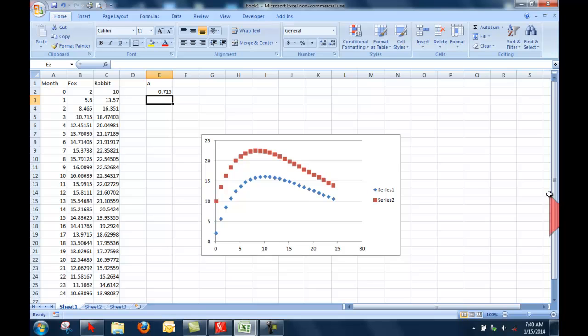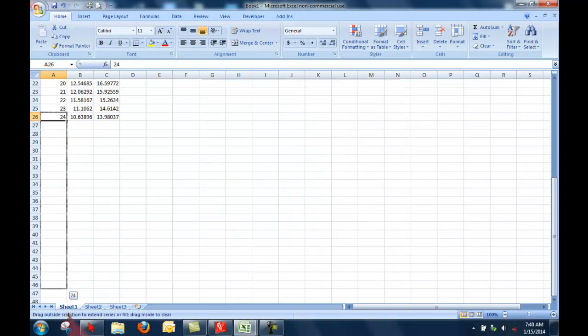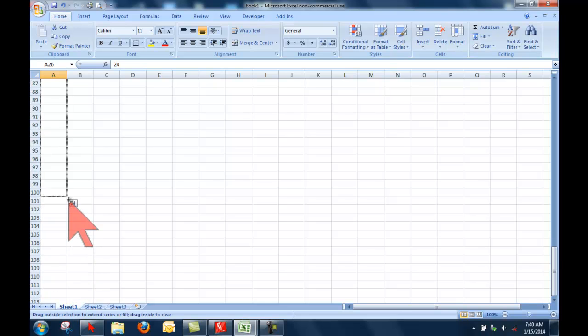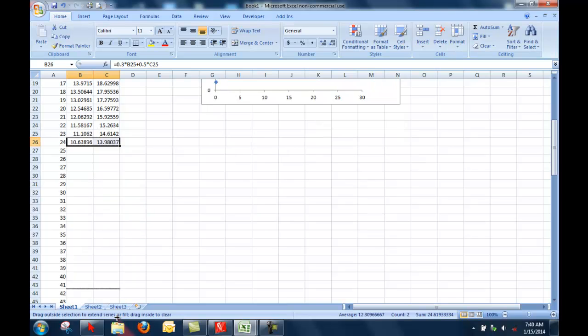A little foolish on the part of the foxes to sort of eat their seed. So let's actually continue this. It's not clear to me yet whether this is going to go down forever and go extinct or whether it might recover. So let's actually continue this for some more time, to 100 months or so, and we'll keep dragging this population down.